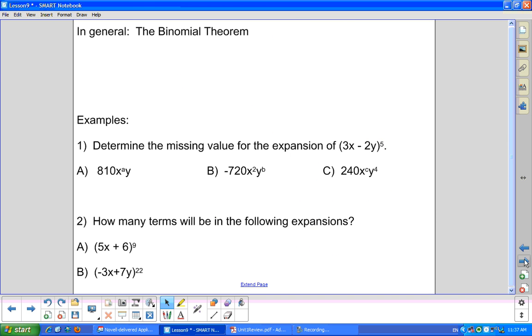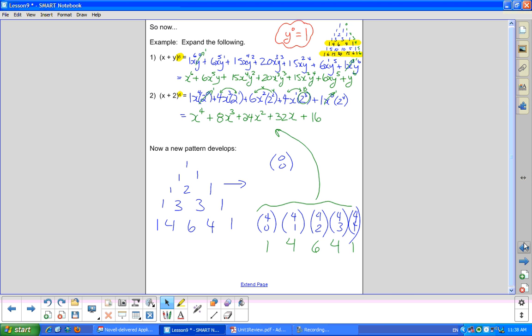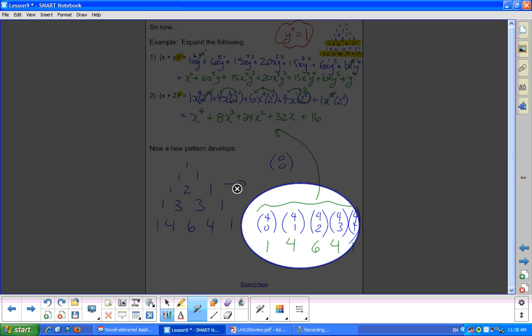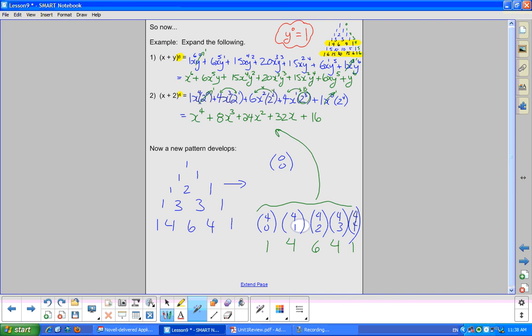So in general, the binomial theorem looks like this. If you have x plus y to the exponent n, so we're talking about any expansion now, you can simply write it as, and the reason I showed you that previous slide down here is because when I do this general formula, it's easier to do it in that notation.